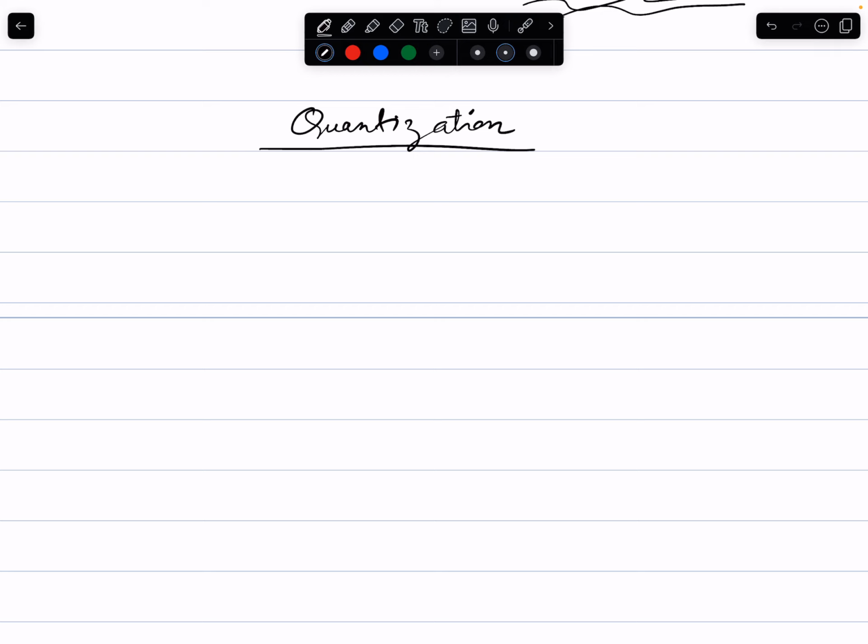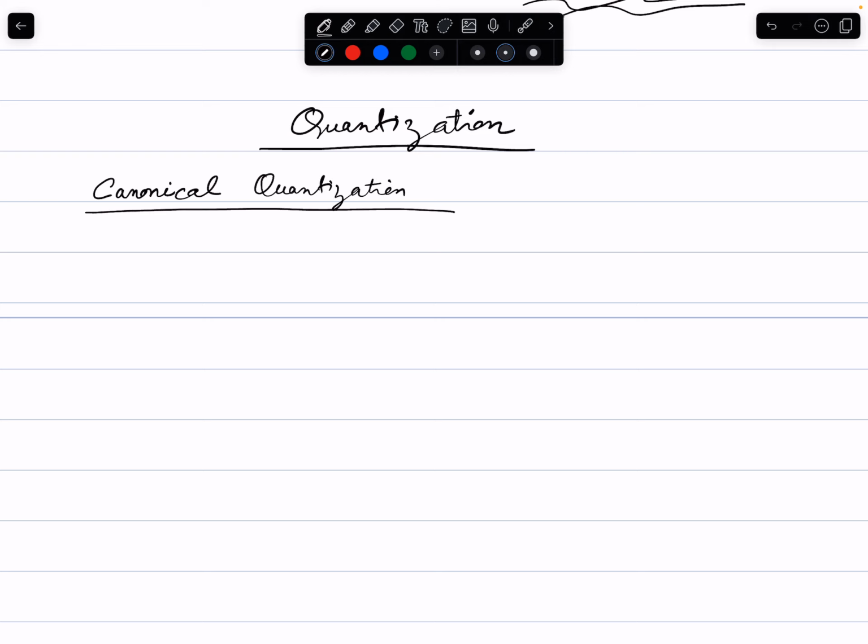So the idea is, we'll learn two of these in this course. One is the path integral, and the other is the canonical quantization. So let's talk about canonical quantization.